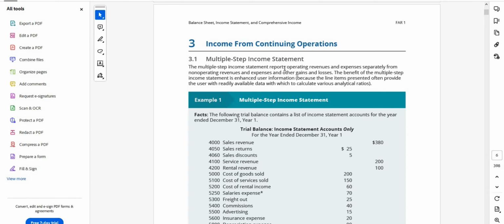We have the multiple step income statement and the single step income statement. In the multiple step income statement, we will bifurcate the amounts into two lines, and in the single step income statement we will only do one line.